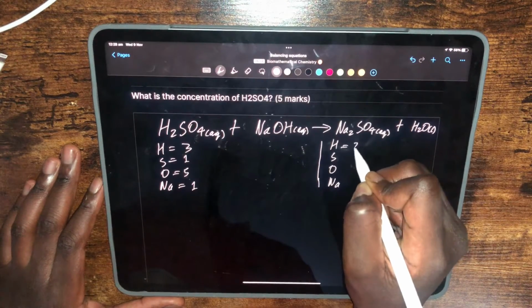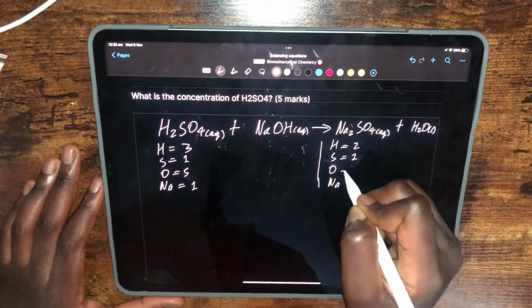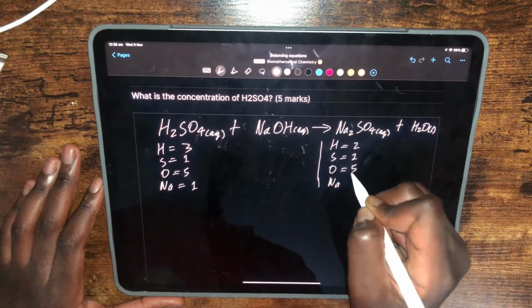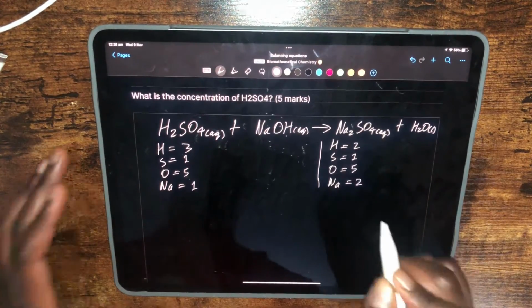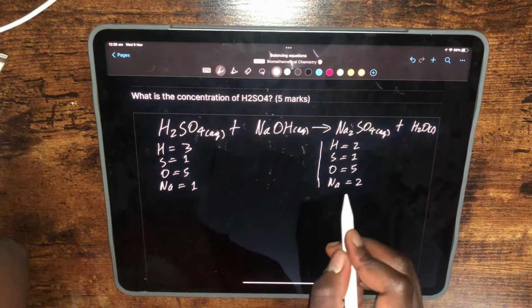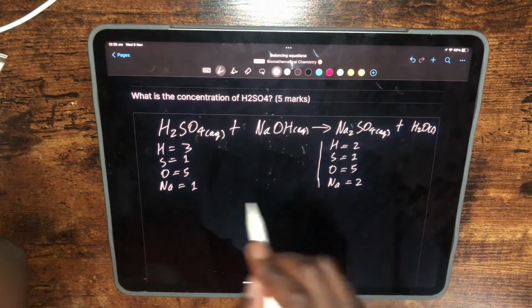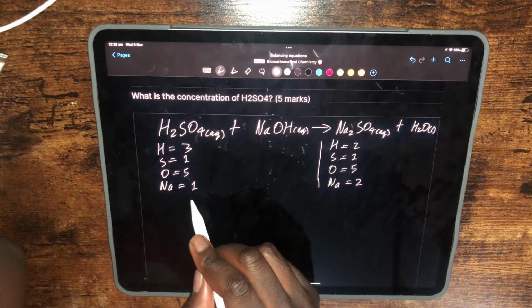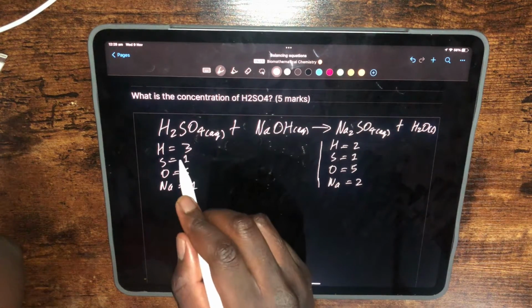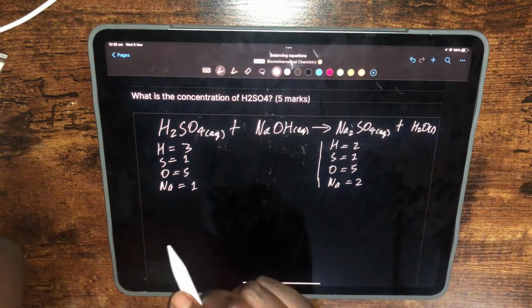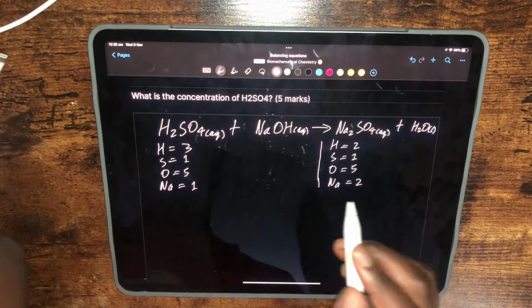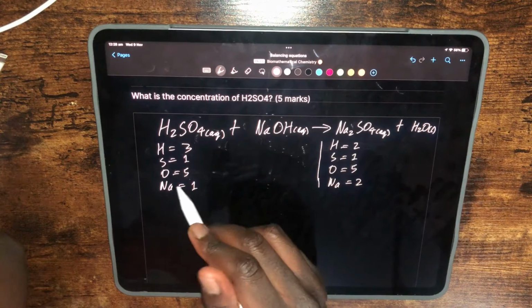On the right, hydrogen is 2, S is equal to 1, oxygen is equal to 5, Na is equal to 2. So I can clearly see there's 1 more hydrogen on the reactant side and 1 less sodium on the reactant side. But the sulfur and the oxygen are the same.